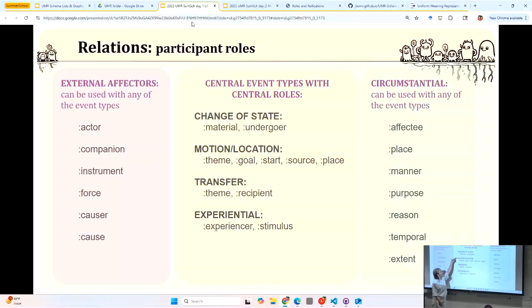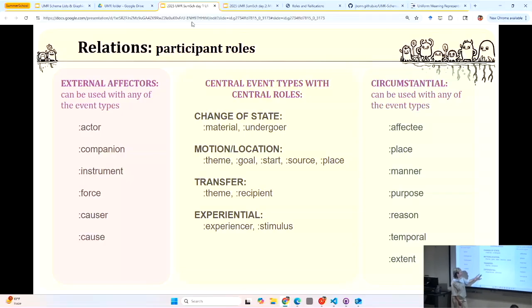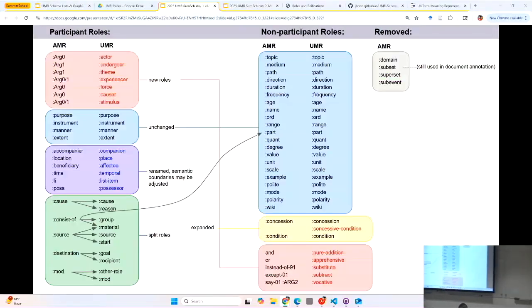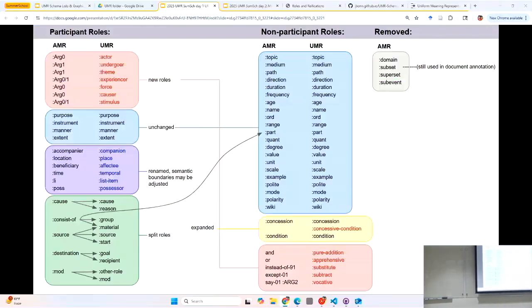For change of state, you're going to have material and undergoer a lot. For motion, these are the ones you use, start more often than source usually. For transfer, you're going to have a recipient. And experiential includes cognitive events like thinking, with experiencer or stimulus. That's just for reference. Also this is in here if you're interested in how the AMR roles map to the UMR roles. That is going to be in the slide deck.